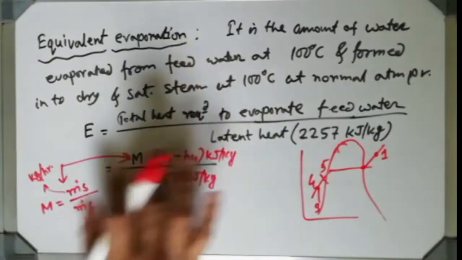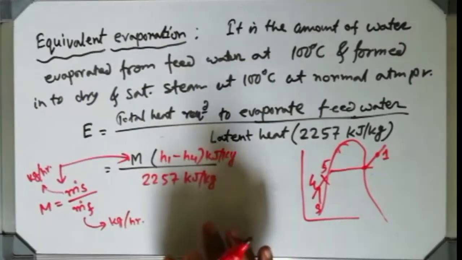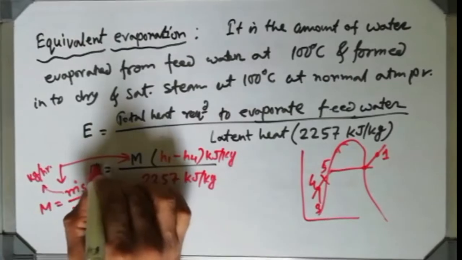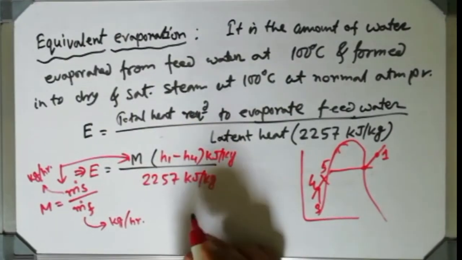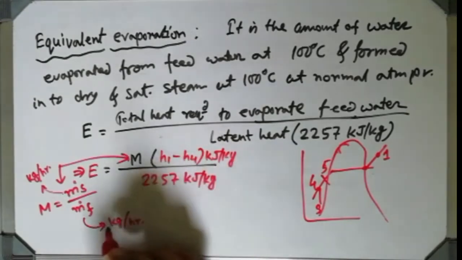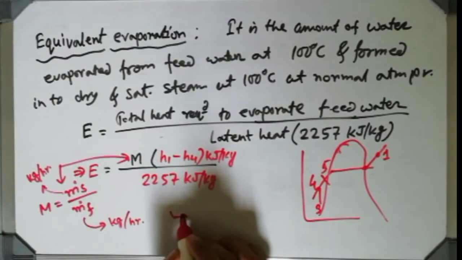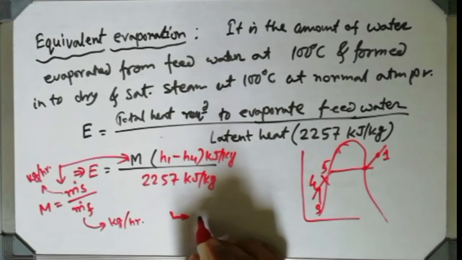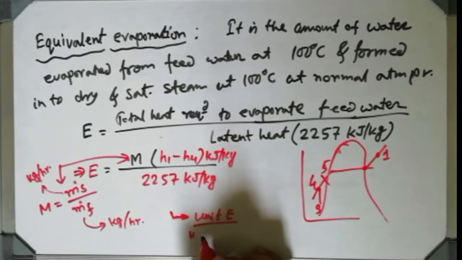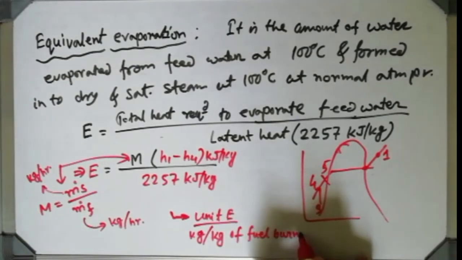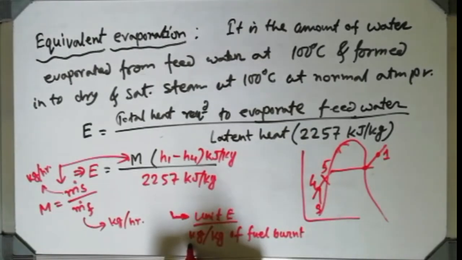So if you put all these things over there, from there you can find the thing which is known as equivalent evaporation. What will be the unit of equivalent evaporation? If you put all those units over there, it will be a unitless thing. But for the sake of understanding, we say the unit of E can be expressed as kg of steam generated per kg of fuel burned.